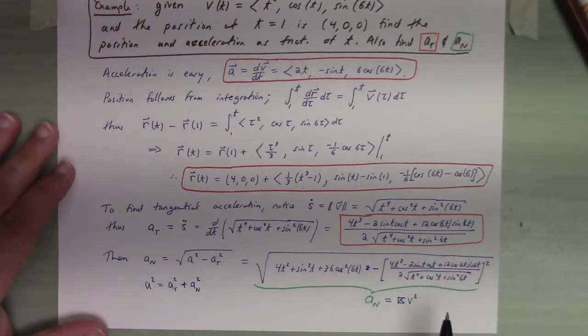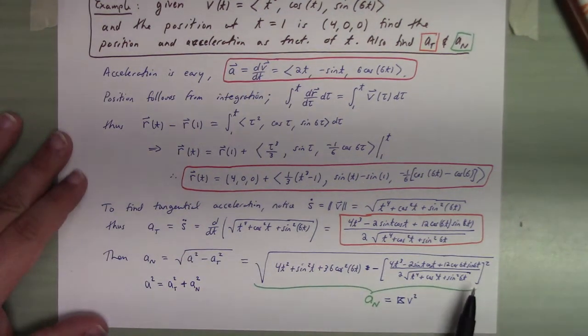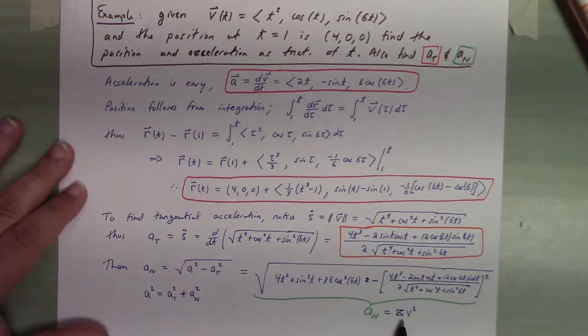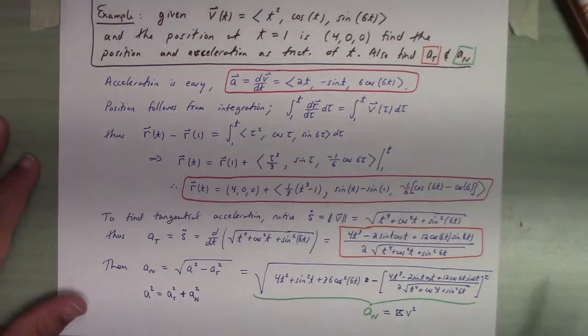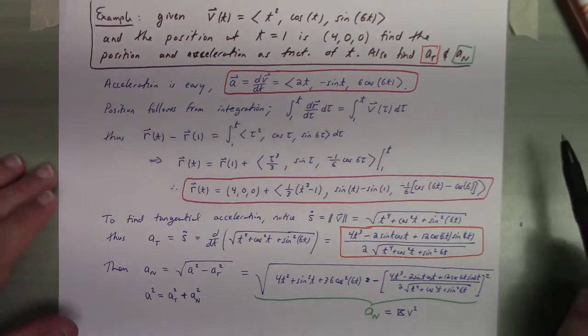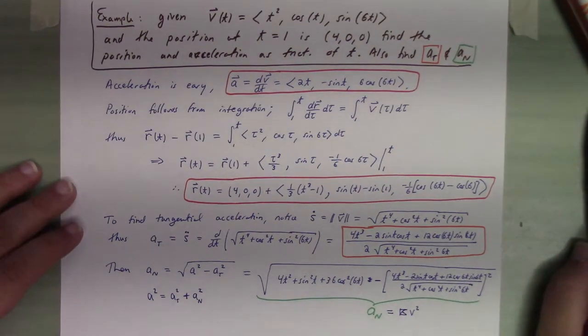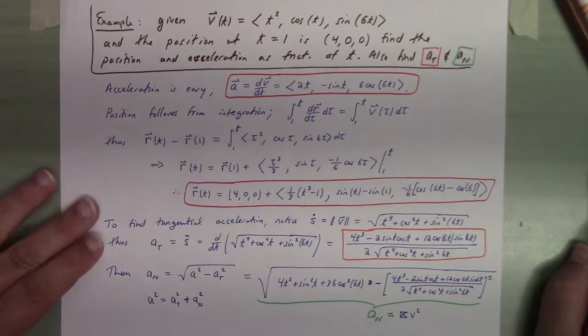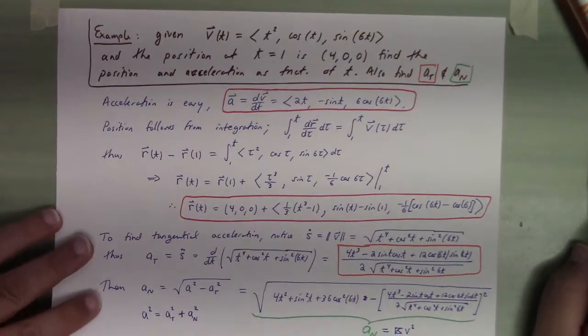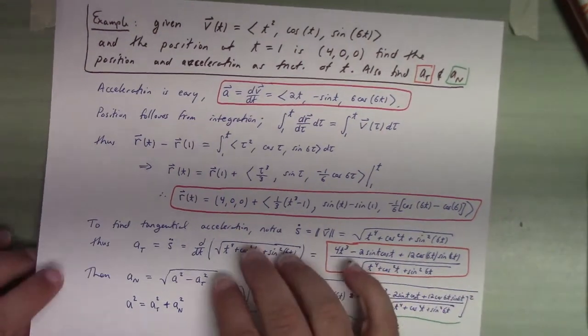So actually, it's kind of sneaky, but we've calculated the curvature of this curve. If we just take the above and divide by the speed squared, there you go. We've almost got the curvature. So yeah, you can try to calculate the torsion if you want, but I don't think they pay me enough to do it.